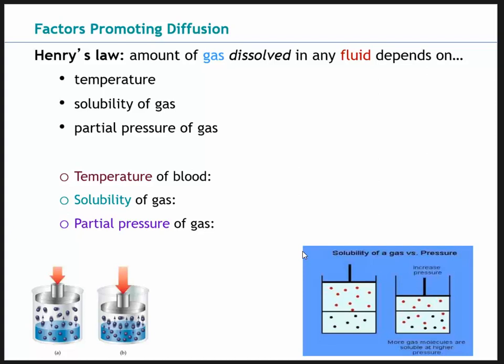So that's basically Henry's law, pretty simple. It just talks about how easily oxygen and CO2 dissolve in blood. Just note that the temperature of the blood and solubility of the gases are relatively stable. Partial pressure of the gas will change during exercise. It's going to increase, and that's what's going to increase the amount of oxygen that dissolves in the fluid.